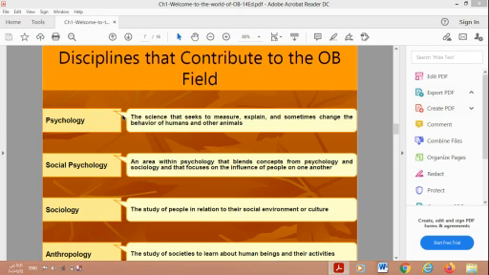So it is social psychology, an area within psychology. It is a part of the psychology science that blends concepts from psychology and sociology, and that focuses on the influence of people on one another, so the relations among them. What are the main contributions of this science, social psychology, to organizational behavior?